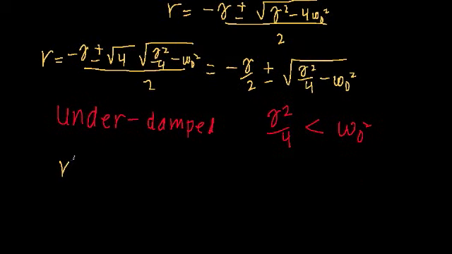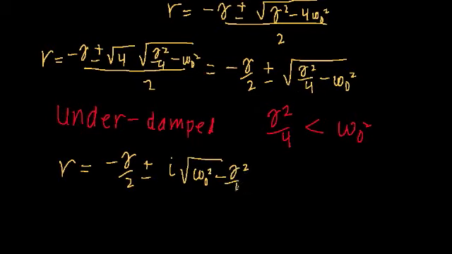So we can say that r is equal to negative gamma over 2 plus or minus i times, now we factored out a negative 1, so this becomes positive omega naught squared, and this becomes negative gamma squared over 4.